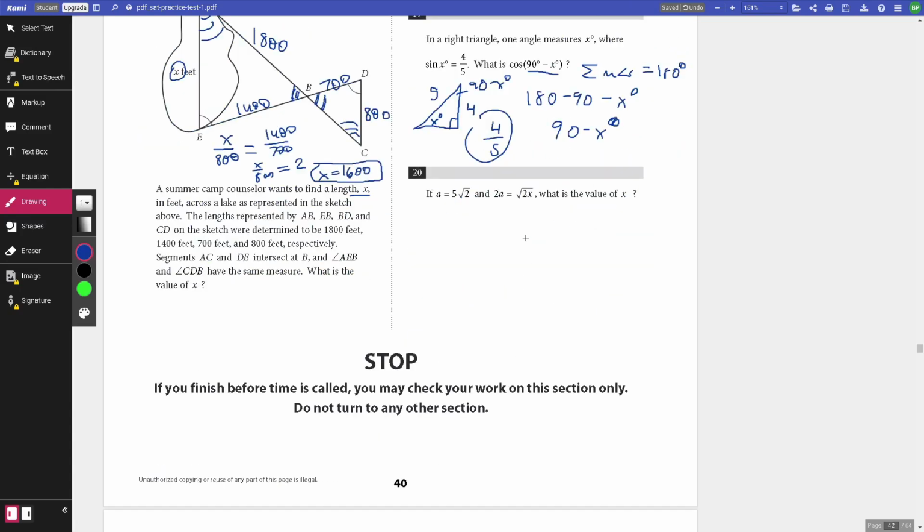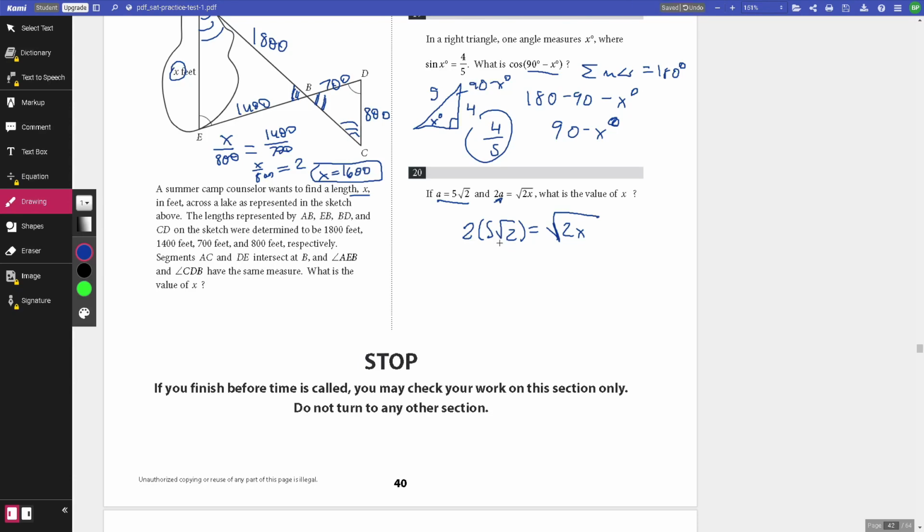Finally, number 20, if a equals 5 square root of 2 and 2a equals 2 square root of 2x, what is the value of x? This is a simple substitution problem. So plug this into here, get 2 times 5 square root of 2 is equal to 2 square root of 2x.